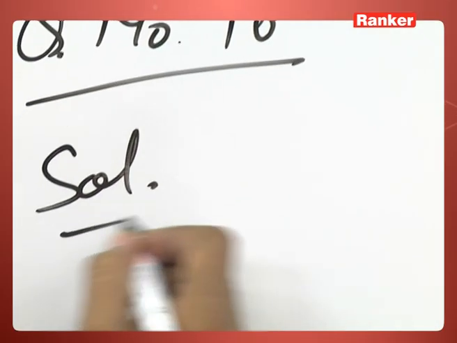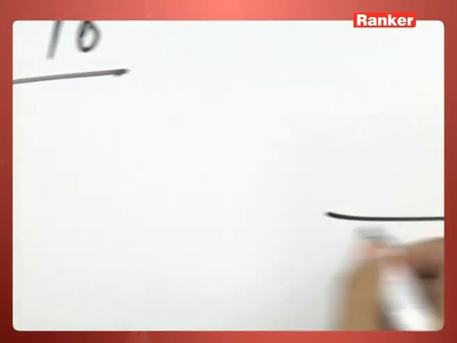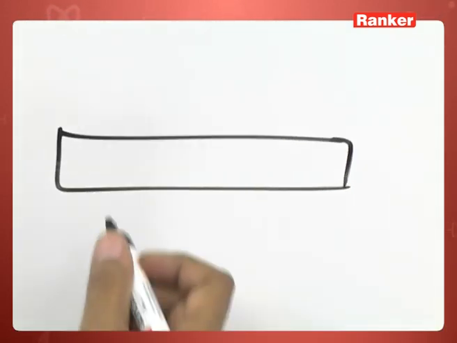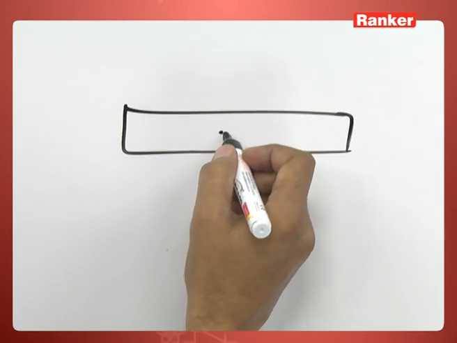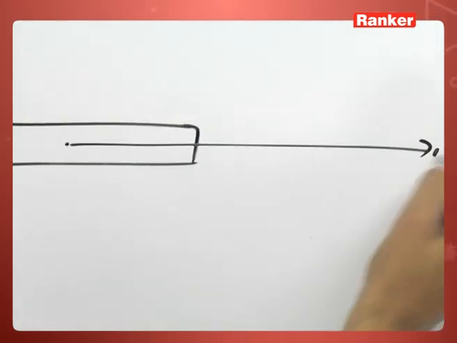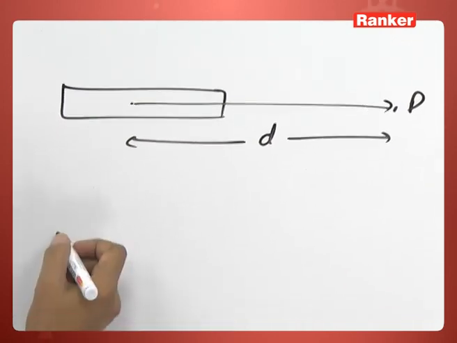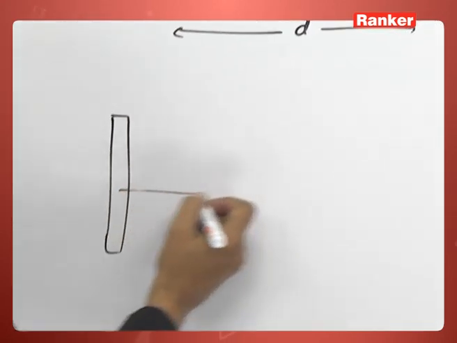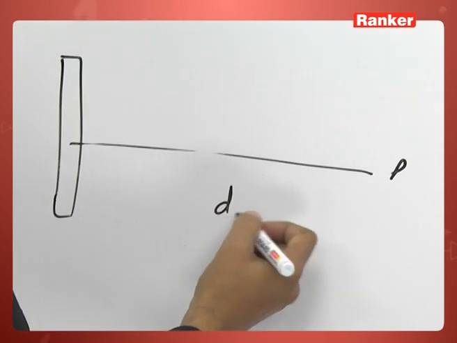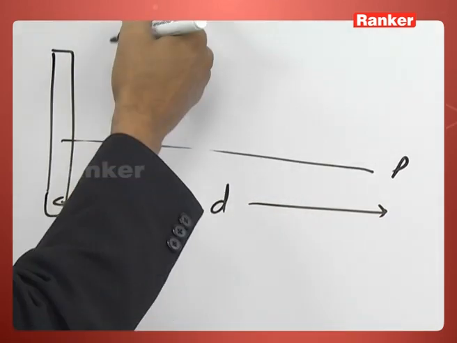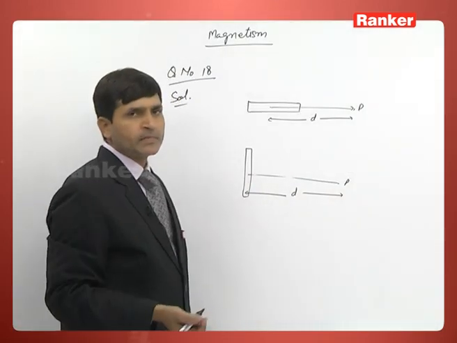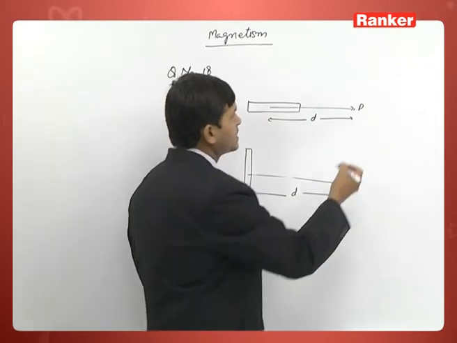Magnetic field due to a short magnet. This is the magnet. Let there be two situations: a point P which is at distance D, and in another case this is the point P which is also at distance D. So this is called your axial position, this is called equatorial position.